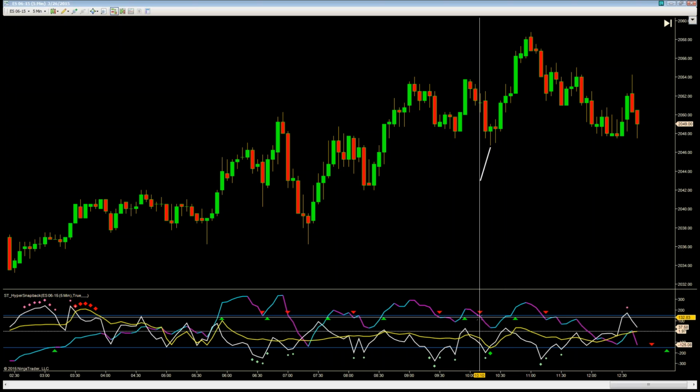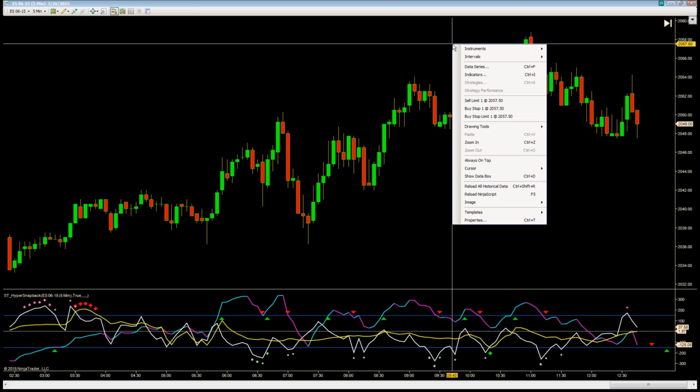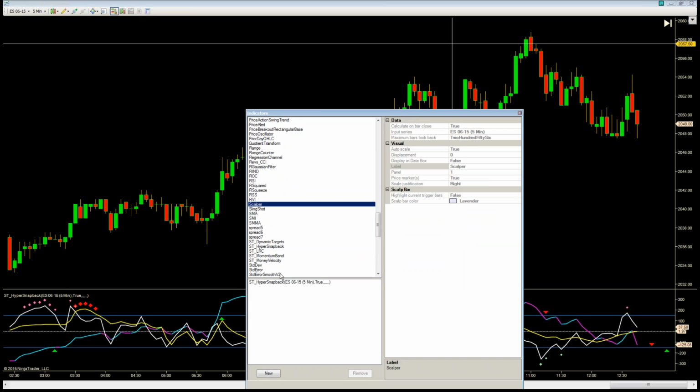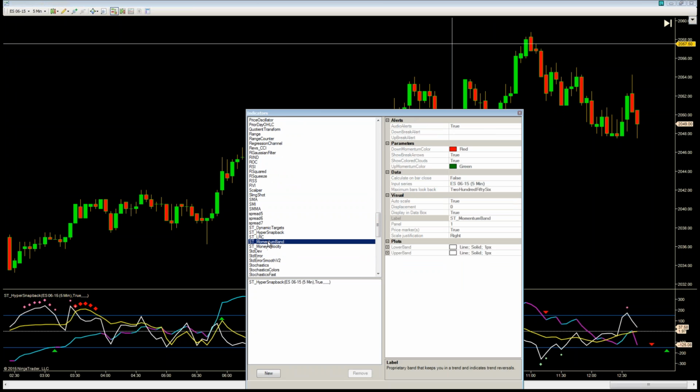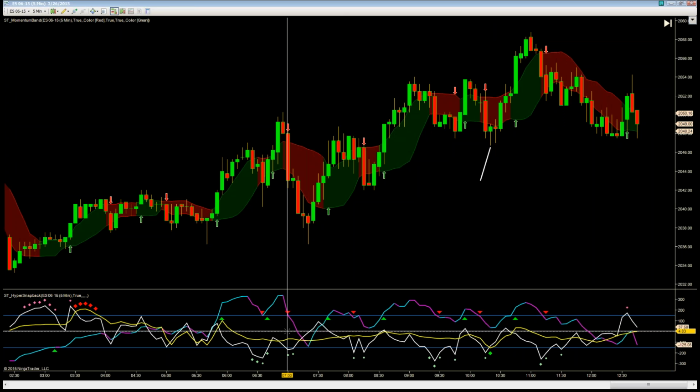Now what I also like to do is bring in our momentum study, which helps us manage the actual trade. We like to keep it simple here.